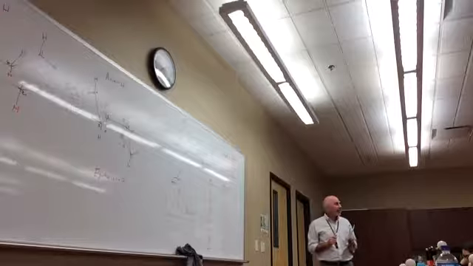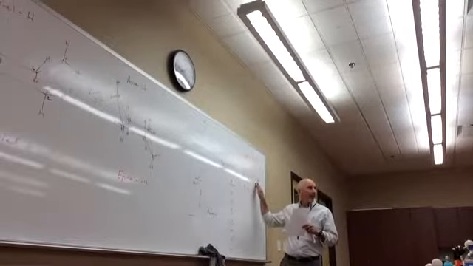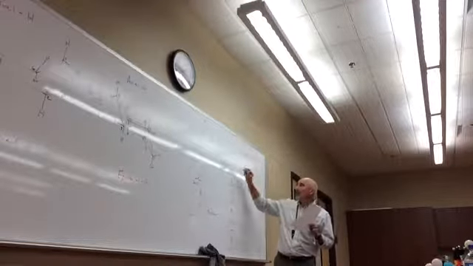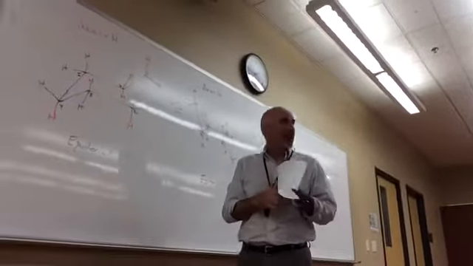So 90-some% of the time. It's never going to be 100 and 0, because there's always some motion. But 99.4% of the time, it's going to exist in this equatorial form versus the axial form.